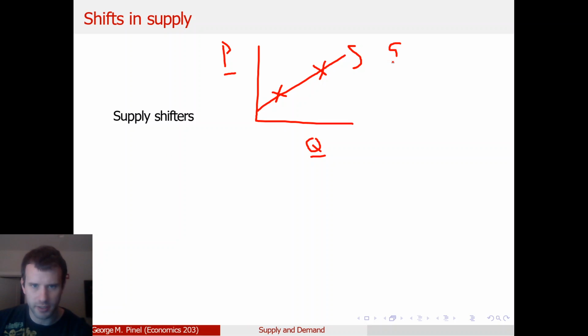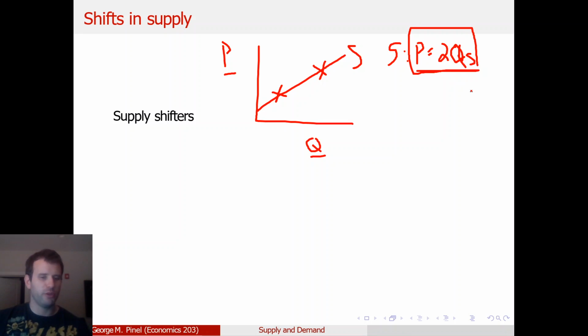So if the supply equation is P equals 2 times quantity supplied, and you change the price from 2 to 4, the quantity supplied is going to move from 1 to 2. It's a relationship, but the underlying supply has not changed. The underlying supply is still given by the equation P equals 2QS.